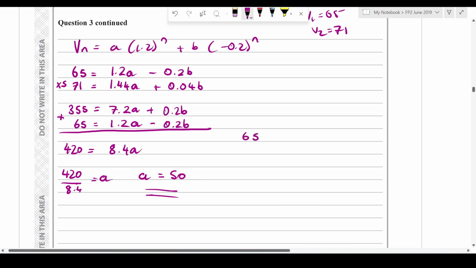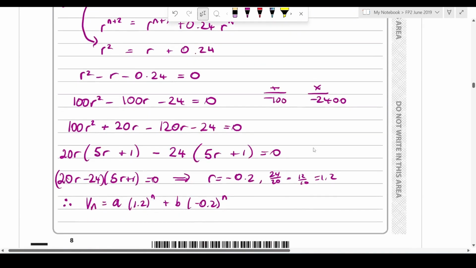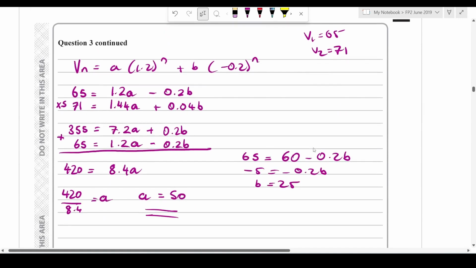So 65 is 1.2a, 1.2 times 50 is 60, minus 0.2b, so that means minus 5 is minus 0.2b, so that means b is going to be 25. Sometimes both by minus 5, and I can check it here, so I made a mistake there.